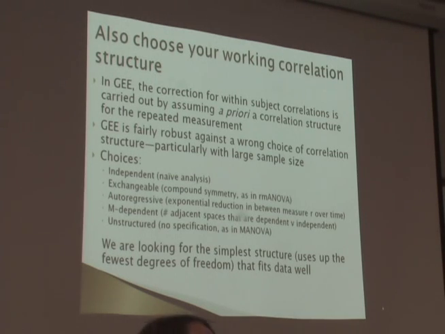Another thing you could do is run, say, the simplest, like an exchangeable or an autoregressive, and then run an unstructured, which would be the most complex, which would use the most degrees of freedom, and then see which one fit better, the potential differences in the results, and the potential differences in the model fit. Okay, make sense? All right.